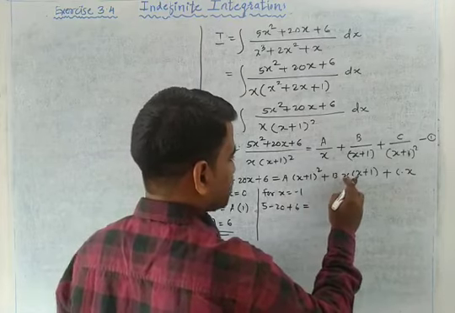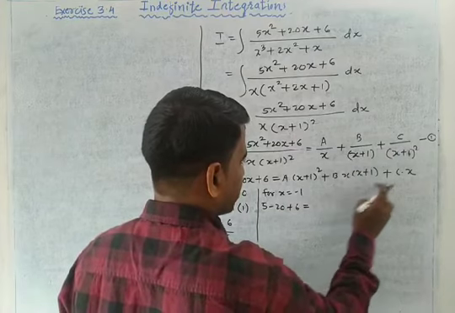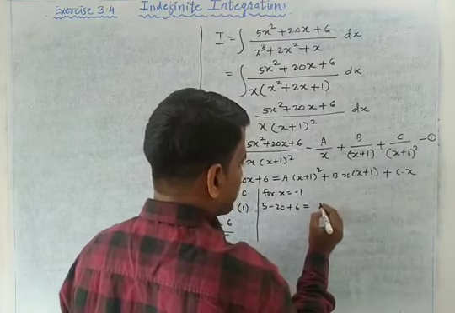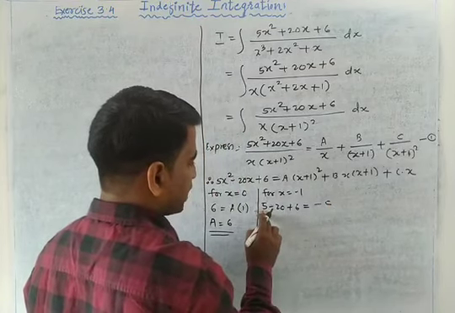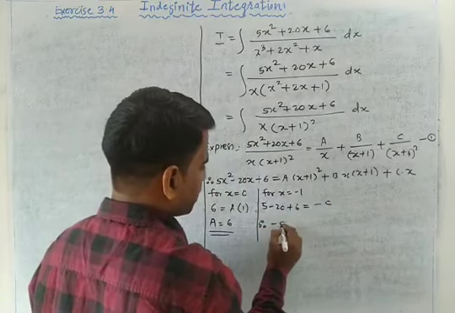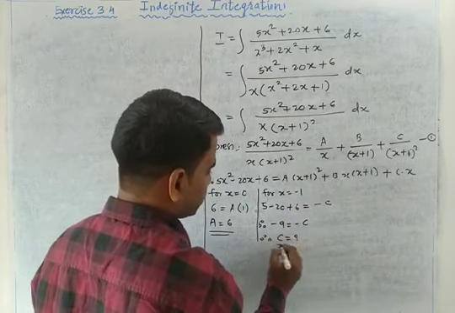B(-1)(-1 + 1), that part also gets 0, so B vanishes, only C will remain, and C into -1 is -C. Now 5 plus 6 is 11, 11 minus 20 is -9, equal to -C. Therefore C = 9.